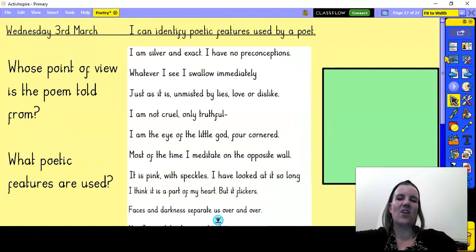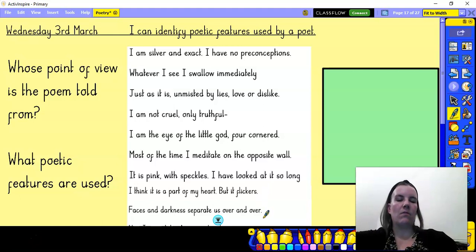Do you have any ideas? What could this thing be? What could this item be? And what clues do you have? Clues that I can pick out. I know that something that's going to be silver, something that has four corners, something that always tells the truth, something that gets looked at quite a lot.